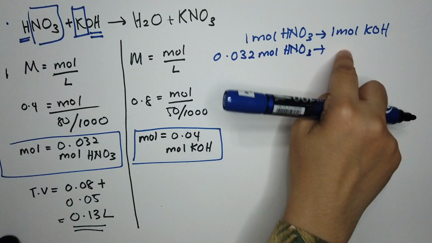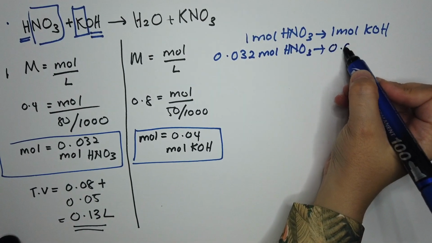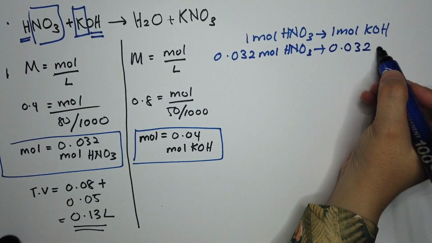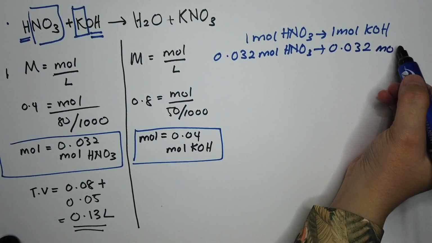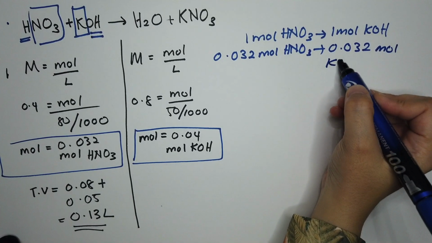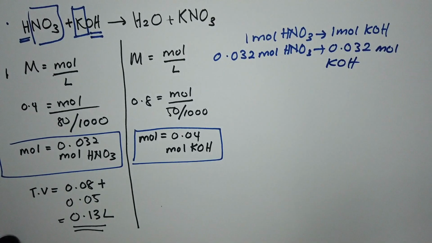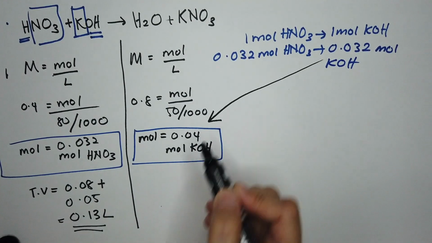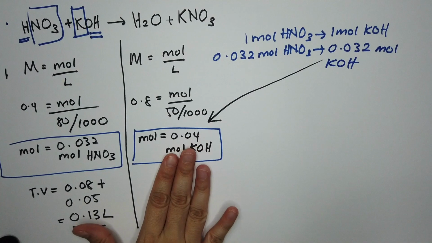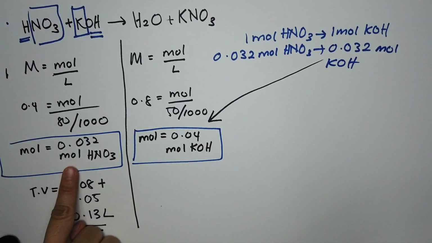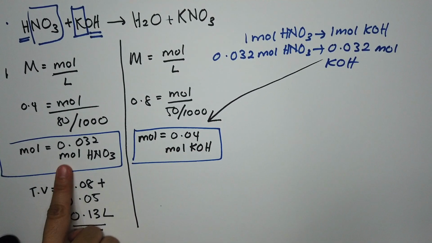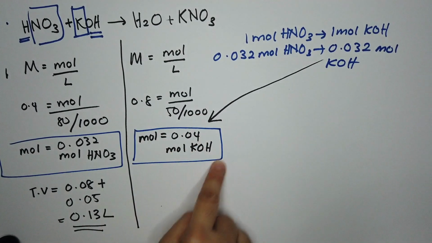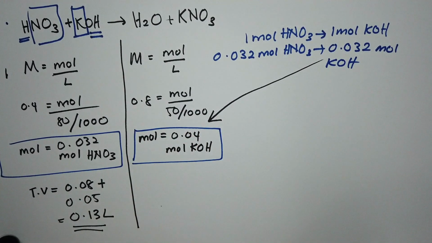So supposedly you should have 0.032 mole of KOH. Okay. And then you need to compare. You have more KOH here. It means that HNO3 is the limiting reagent. So you have excess KOH.